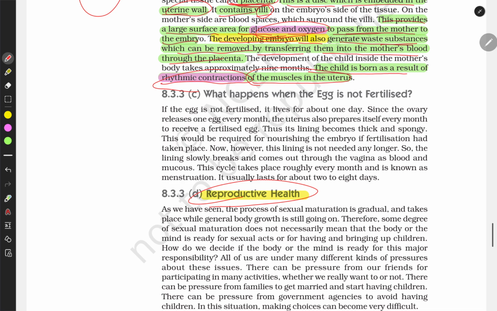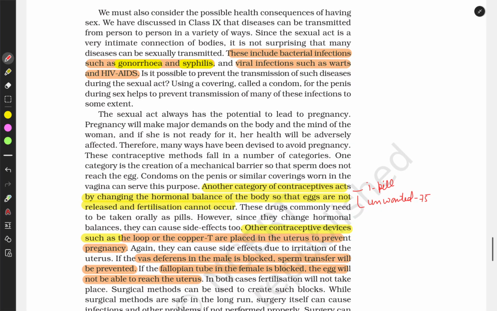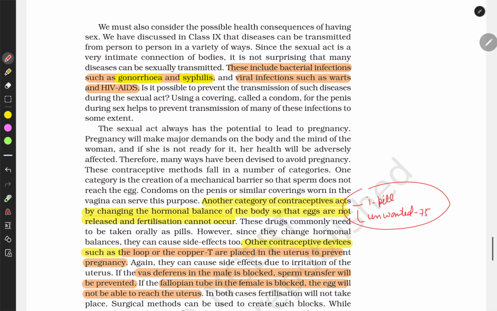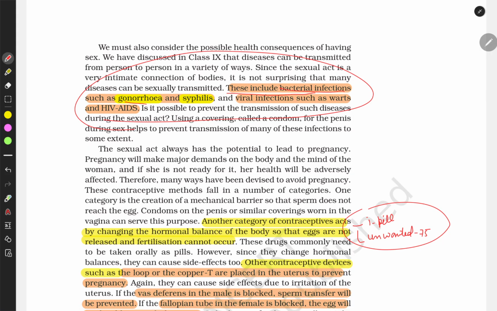Let's talk about reproductive health. This includes many things, like avoiding unnecessary pregnancy, and also diseases that are transferred through sexual contact. These include bacterial infections like gonorrhea and syphilis, and viral infections such as HIV/AIDS.